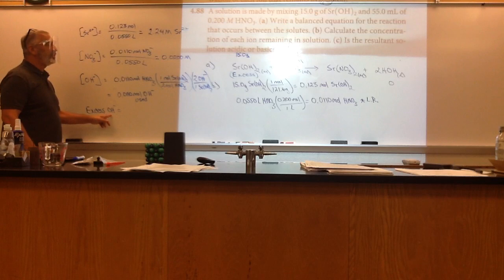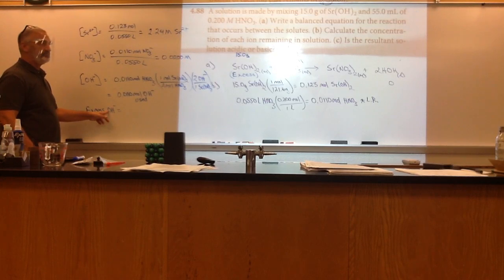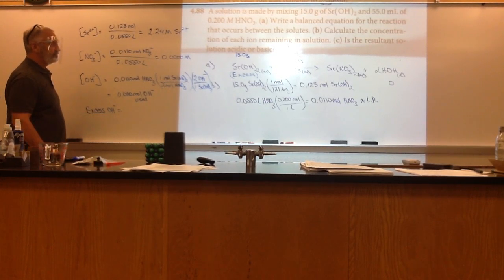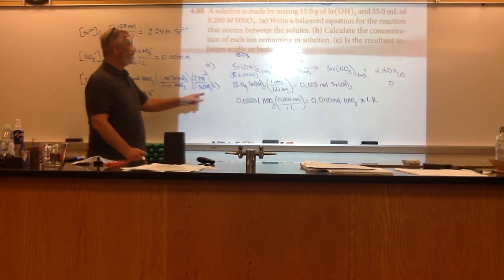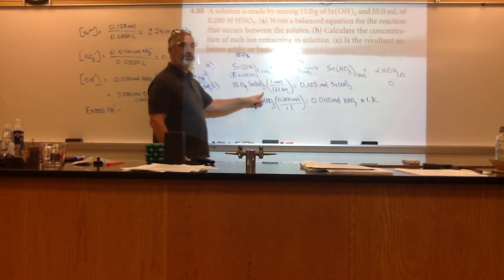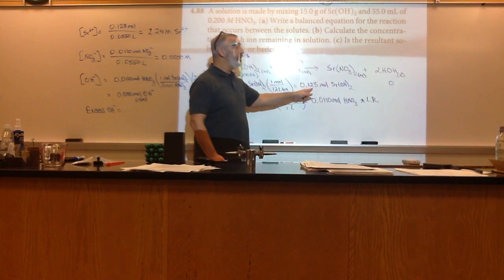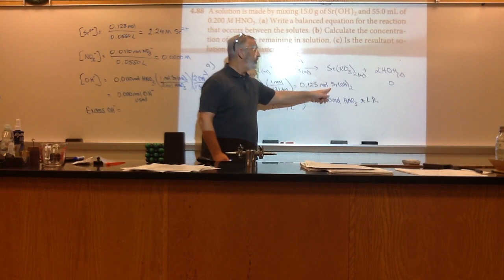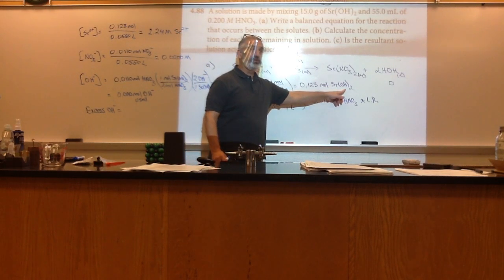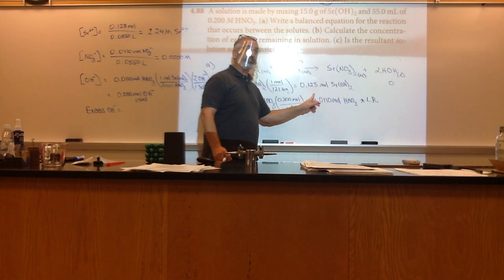Well, how much OH minus did I have initially in solution? 15 grams of Sr(OH)2, right? Which was 0.123 moles of Sr(OH)2. So how many moles of OH did I actually have in solution?